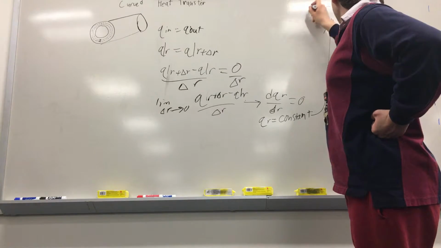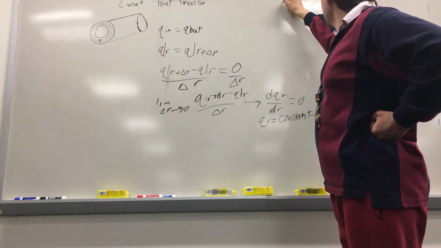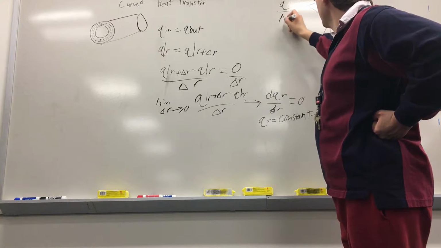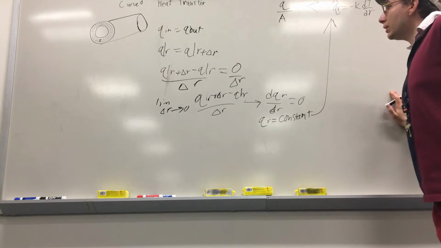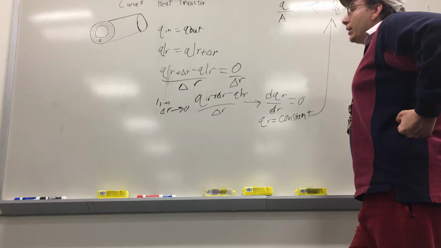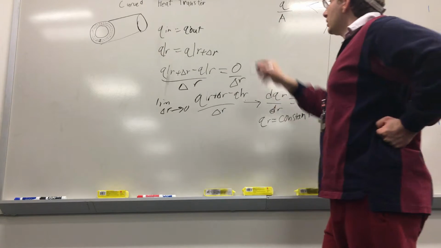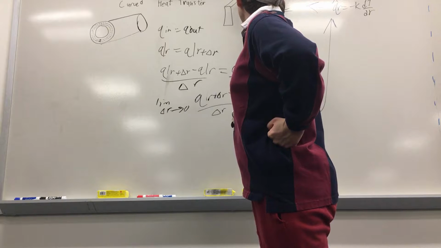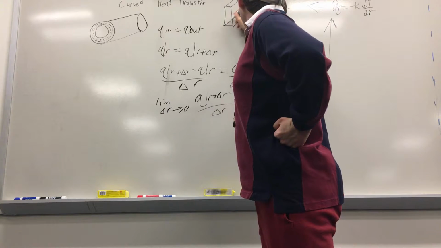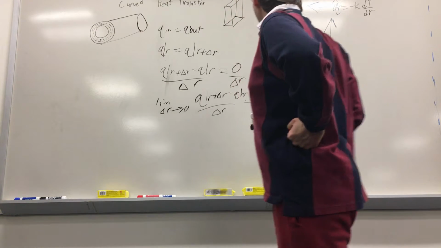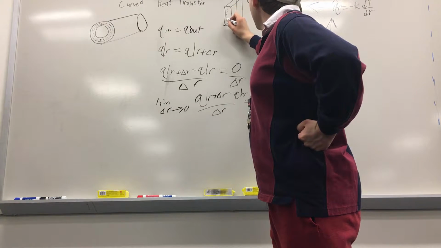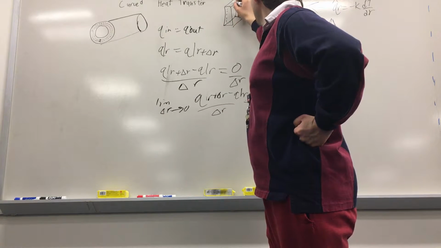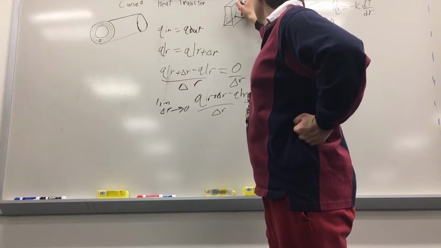recall that this heat flux is just the heat flow divided by an area. Now, in the flat wall examples, we didn't really care because the area was always constant. I mean, let's draw ourselves a little wall for reference. If I take the volume here, I'm really just rushing through this, it doesn't really matter.